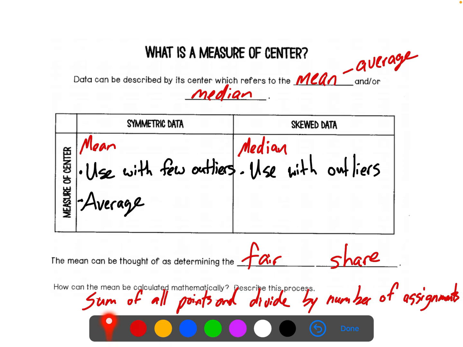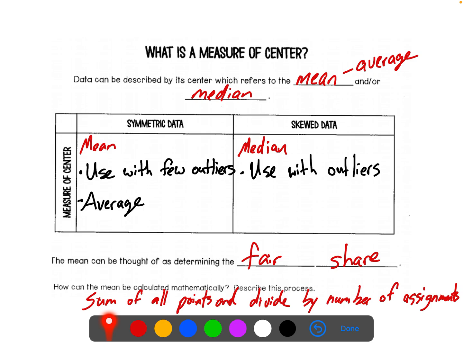Okay, so because we're comparing to grades, now you can find the average of a lot of things, but because we're talking about grades, we would get the sum of all the points and we divide by the number of assignments. Okay, that again, you would have to just adjust the definition of how to do it to the circumstance a little bit differently.